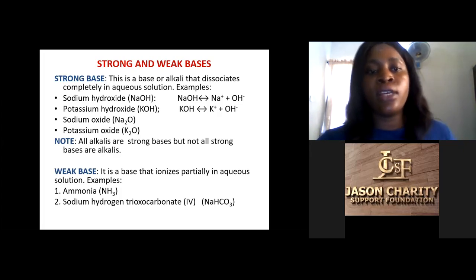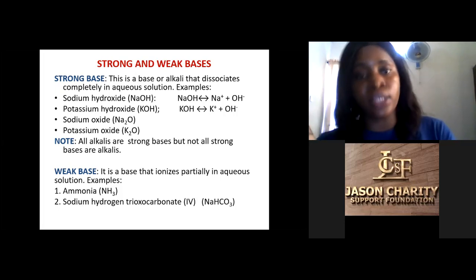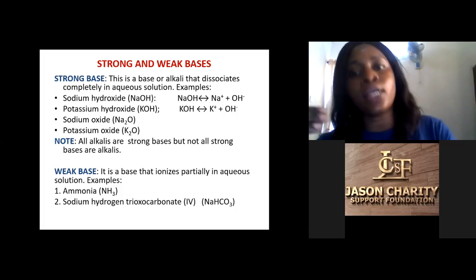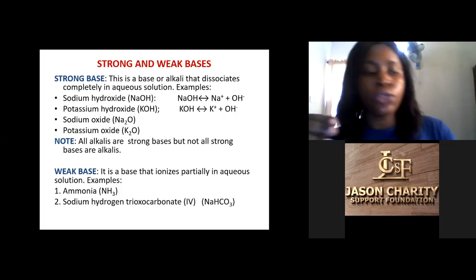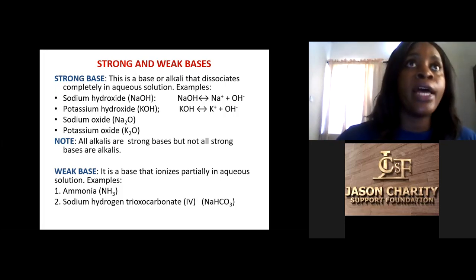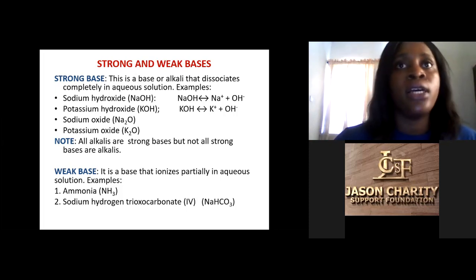As you can see, all alkalis are strong bases, but not all strong bases are alkalis. If you look at the concept of an alkali, it is basically the oxide or hydroxide of metals of group 1, and then some in group 2.